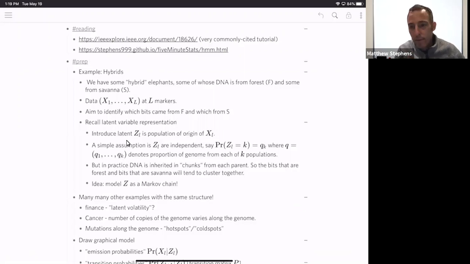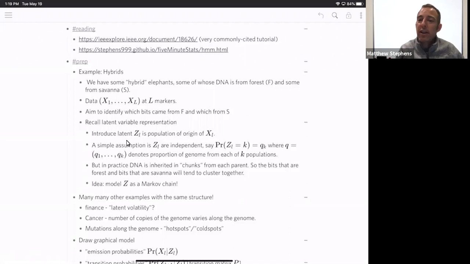If you prefer to think about people rather than elephants, most of us have some DNA in us that's from Neanderthals. It's usually a small percentage, maybe around 1%, plus or minus.